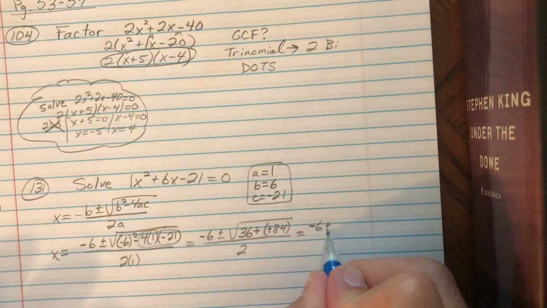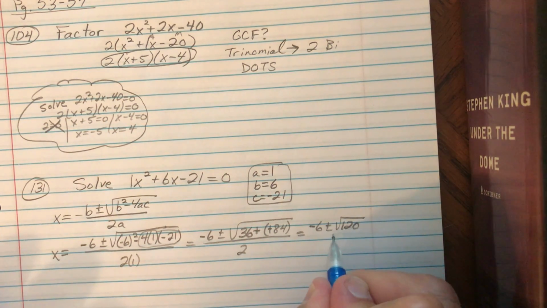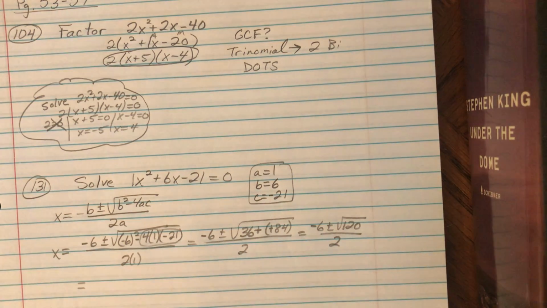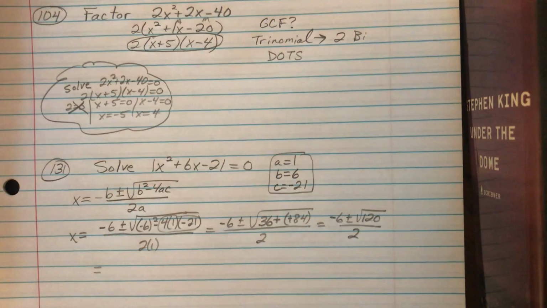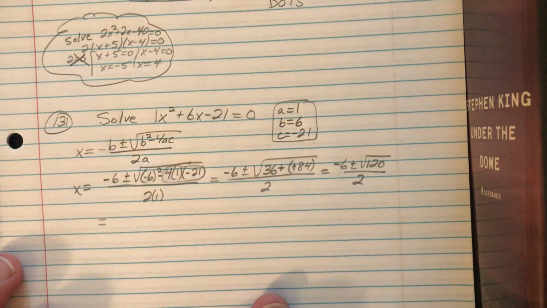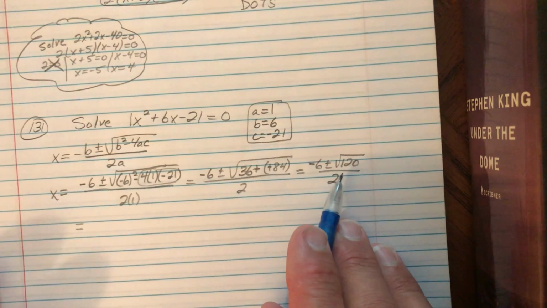Negative 6 plus or minus radical 120 over 2. Now to finish this off, we should try to simplify our radical. You try to find a perfect square number that divides into 120 evenly.